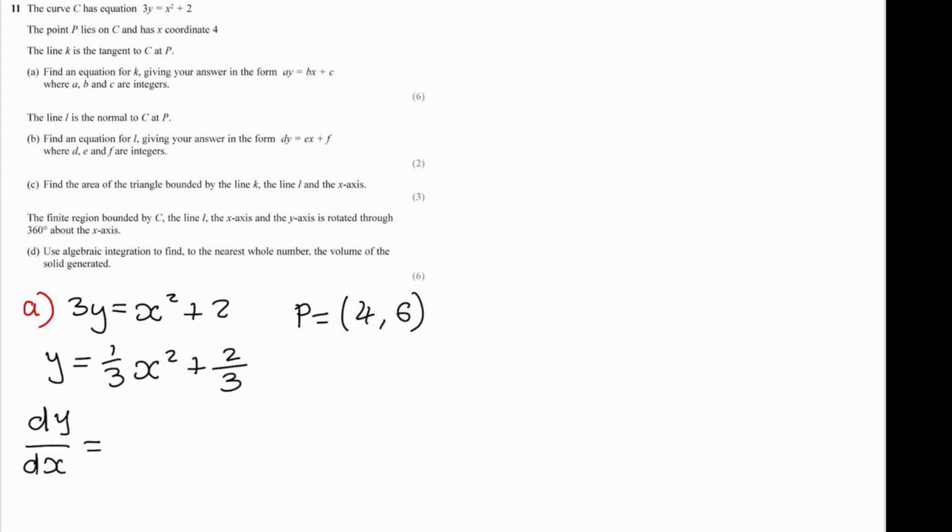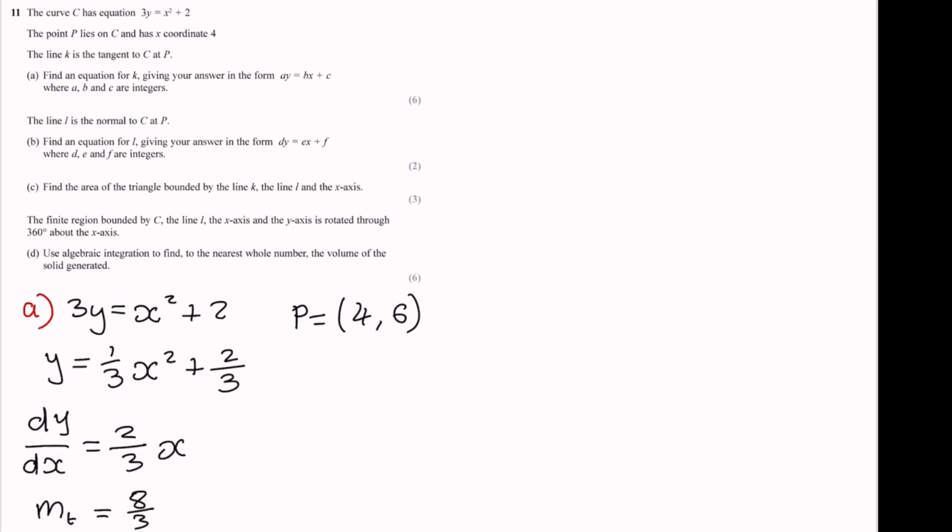So differentiating y equals a third x squared plus 2 thirds gives us 2 thirds x, and if I substitute in my value of x at this point P to find the gradient, I get m, the gradient of the tangent, m_T, equal to 2 thirds times 4, which is equal to 8 over 3. So now we just need to find the equation of the tangent, the line K.